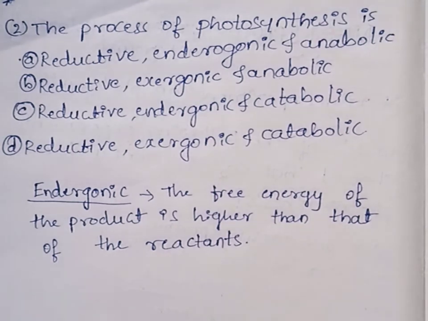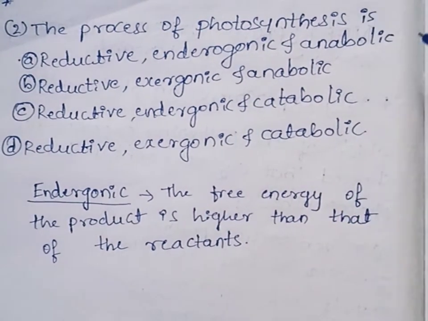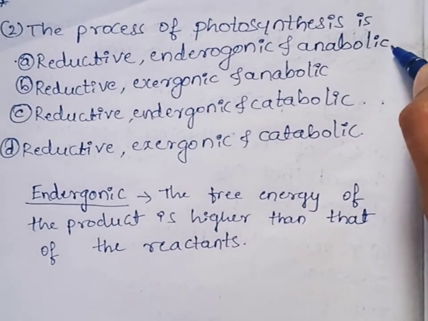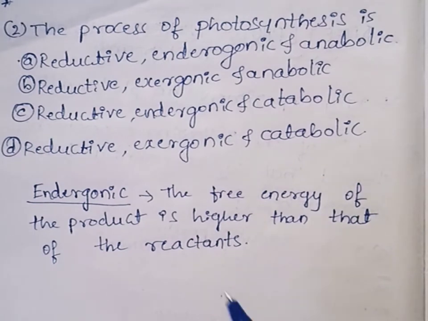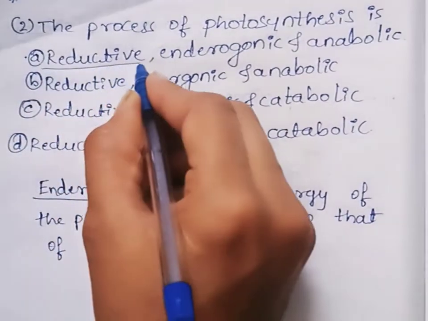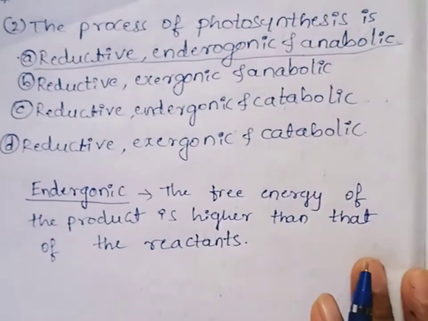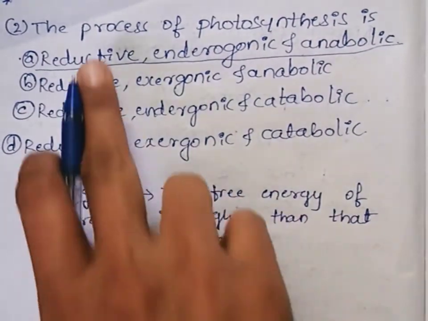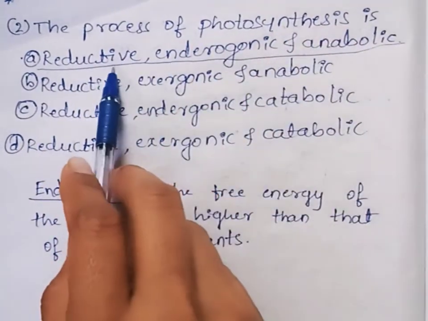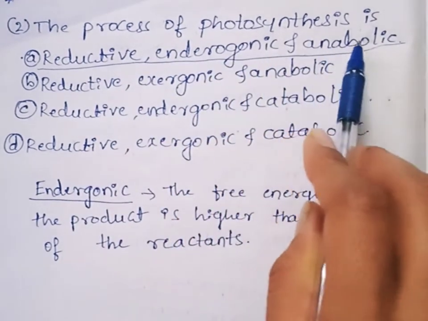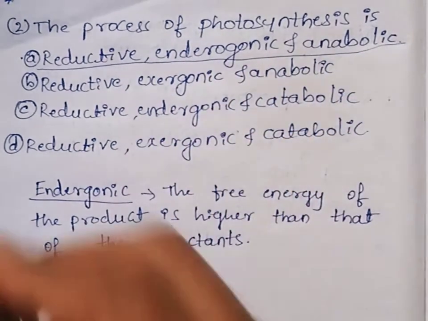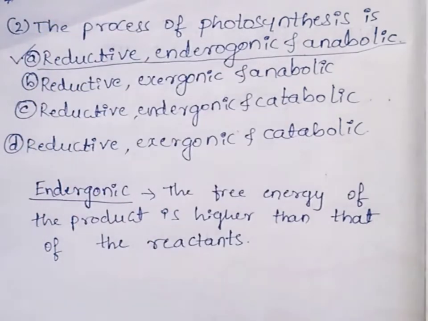So absolutely, photosynthesis is anabolic. That's why the right answer for this question is reductive endergonic anabolic process. Photosynthesis is a reductive endergonic anabolic process. So the correct answer for this question is option A.